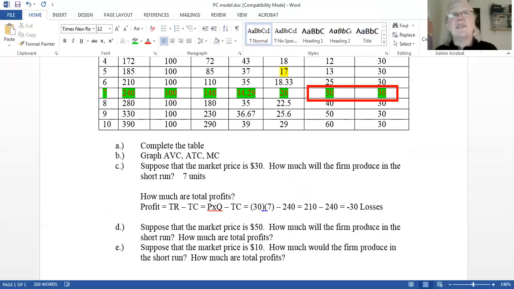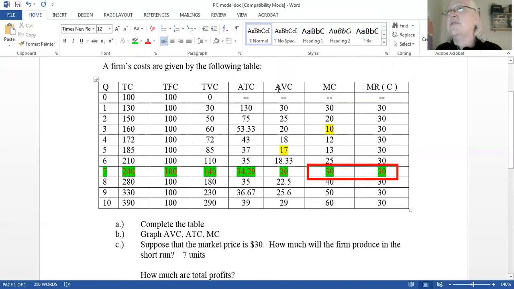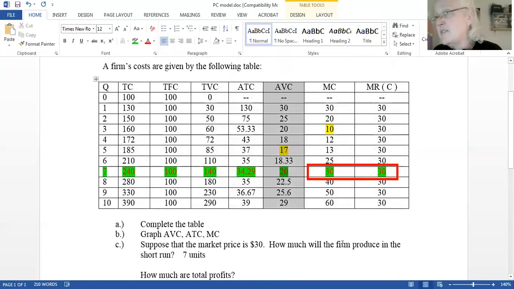We're going to shut down if my price is below my AVC, my average variable cost. So that's why this column over here, AVC, is important. Now look at the AVC: for 7 units, the AVC is 20, but my price is 30, so I'm not going to shut down.